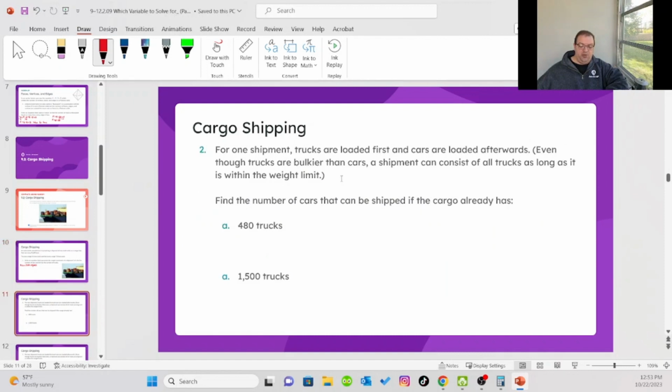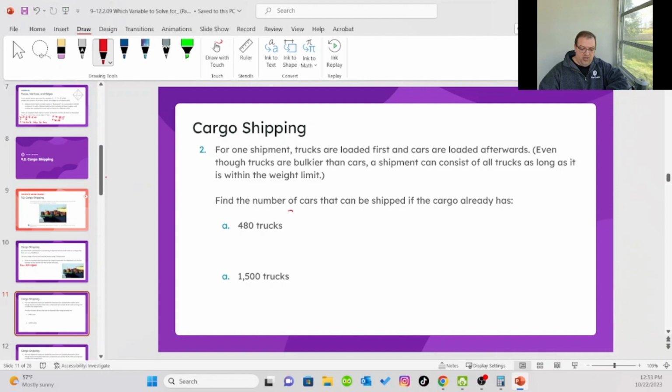For one shipment, trucks are loaded first and cars are loaded afterwards. Even though trucks are bulkier than cars, a shipment can consist of all trucks as long as it is within the weight limit. Find the number of cars that can be shipped if the cargo already has 480 trucks.